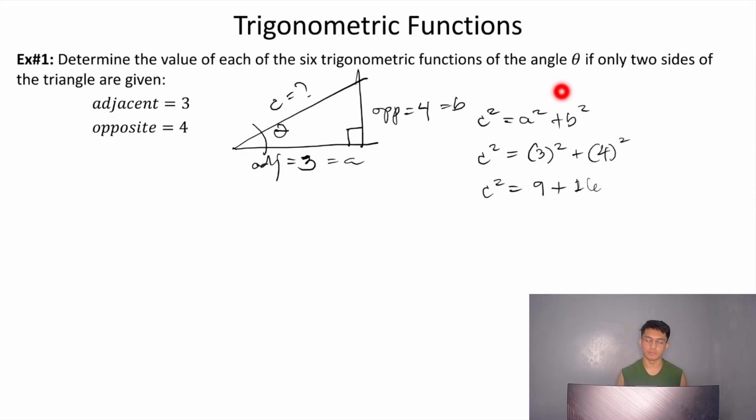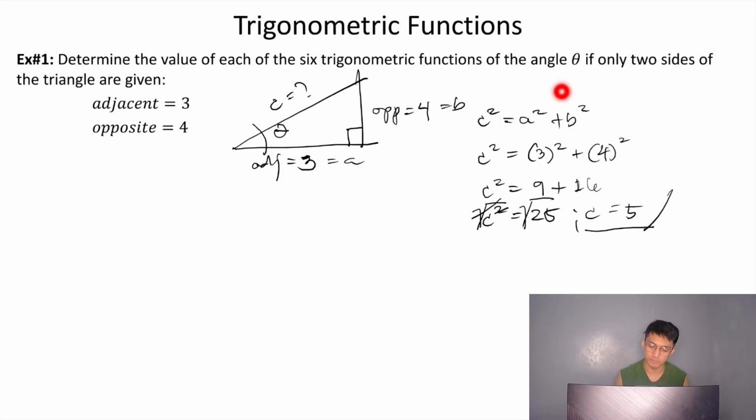And we are solving for the value of C. C squared is equal to 9 plus 16, which is 25. And by solving only for C, we take the square root of both sides, para makancel yan. So, C now is equal to the square root of 25, which is 5.